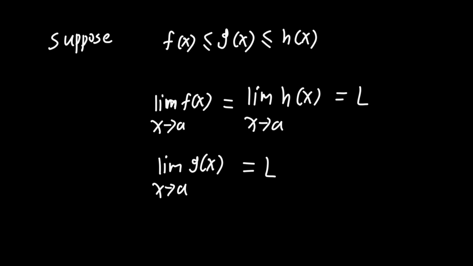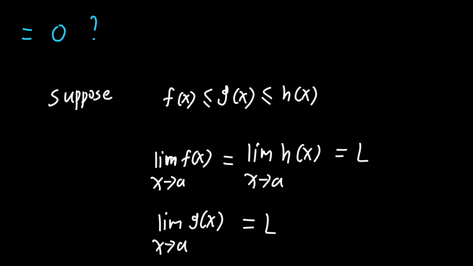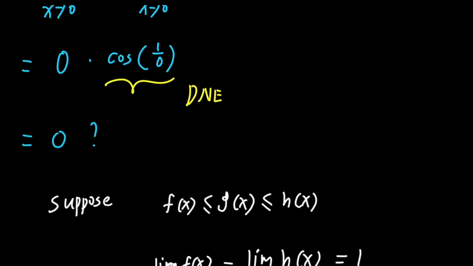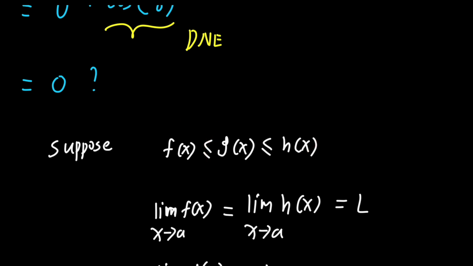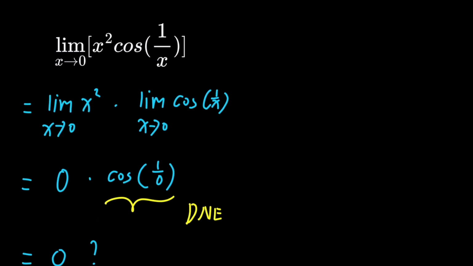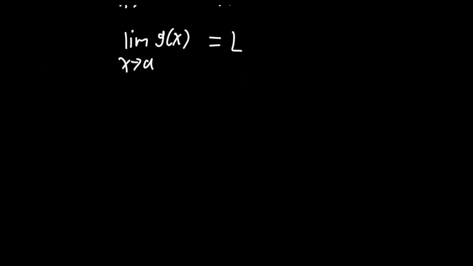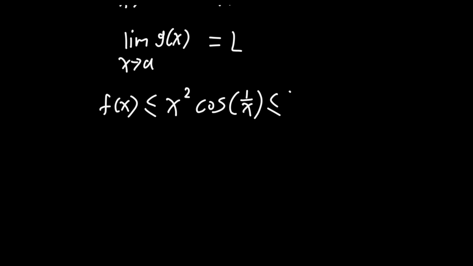So in this case, let's try to write this limit in this form, right? So g of x in this case is these two functions. So f of x is less than x squared cosine, and then less than h of x.